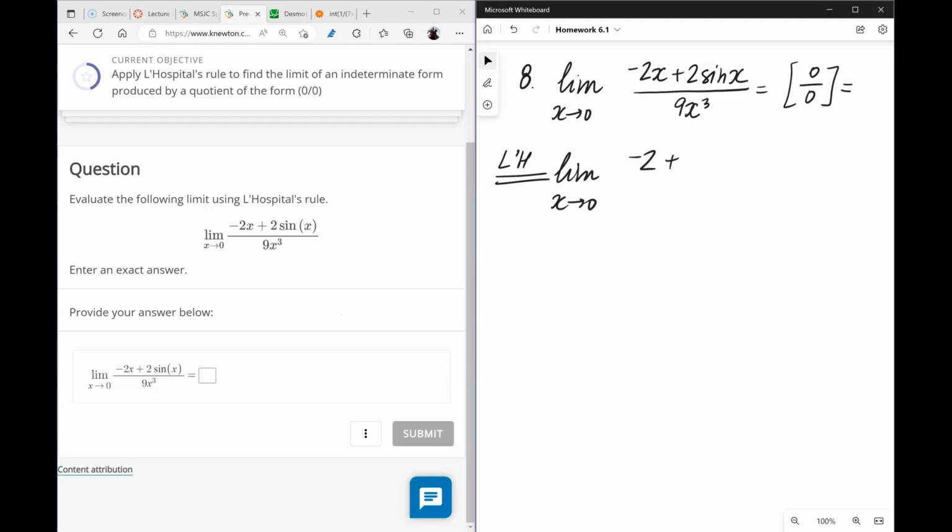And according to the L'Hopital's rule, this is what we get. Now, when x is equal to 0, we still have 0 over 0, interestingly enough. So we can use L'Hopital's rule again.